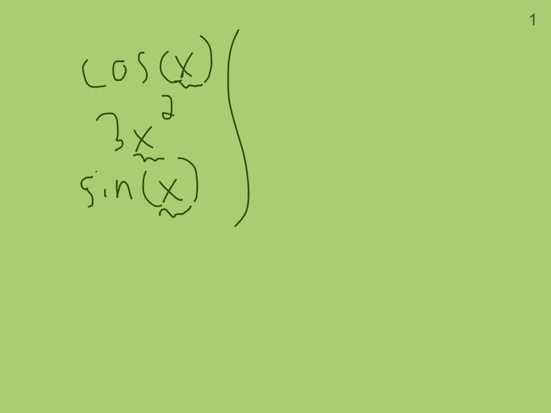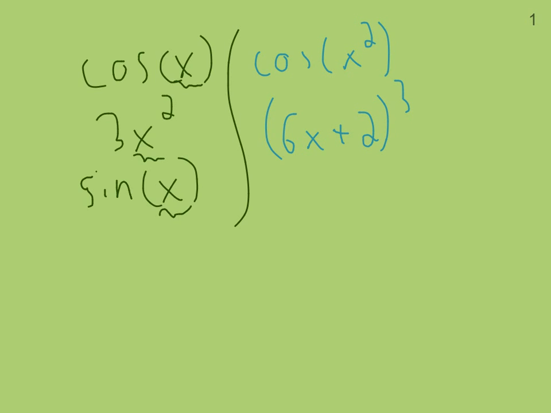So what would you do if you're faced with something more along the lines of cosine of x squared, or 6x plus 2 cubed, or, again, trig or other polynomial functions that aren't just x in the base or inside?